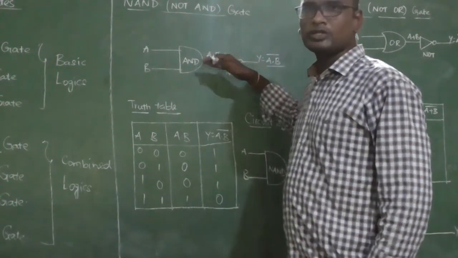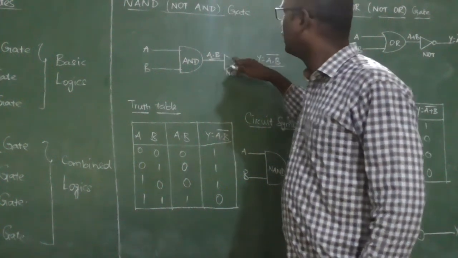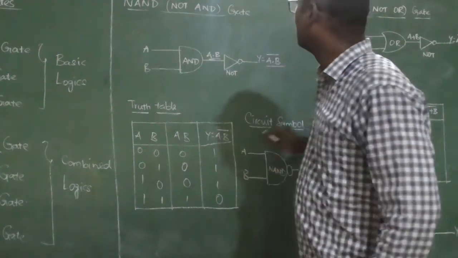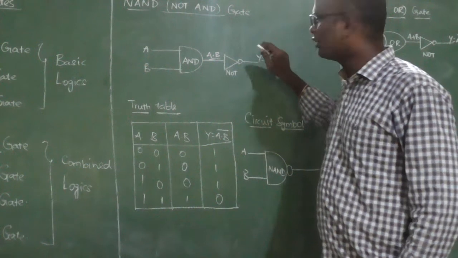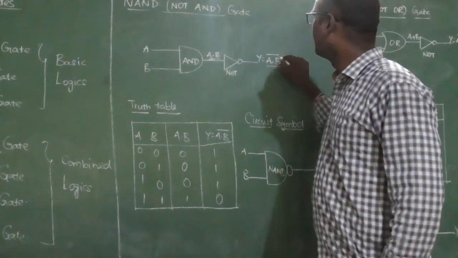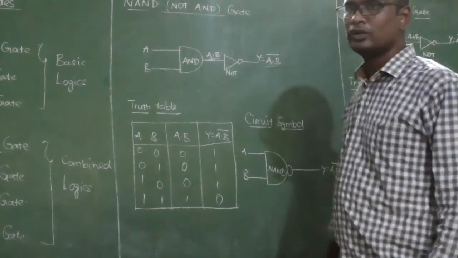This output is once again applied to a NOT gate, so that the result is complemented. A dot B complement, that is A dot B bar.